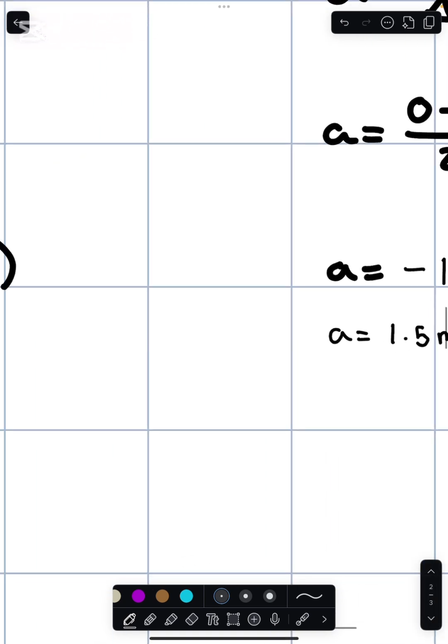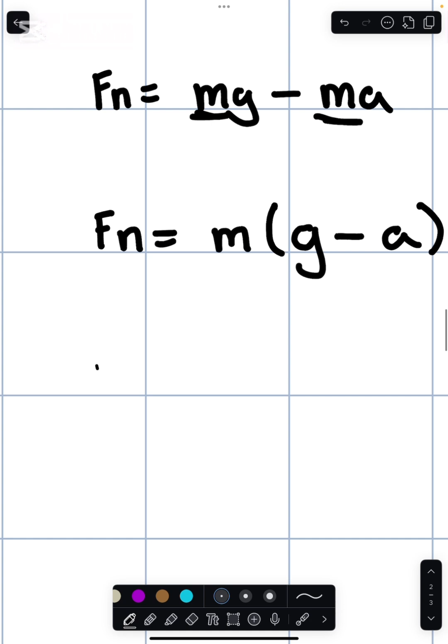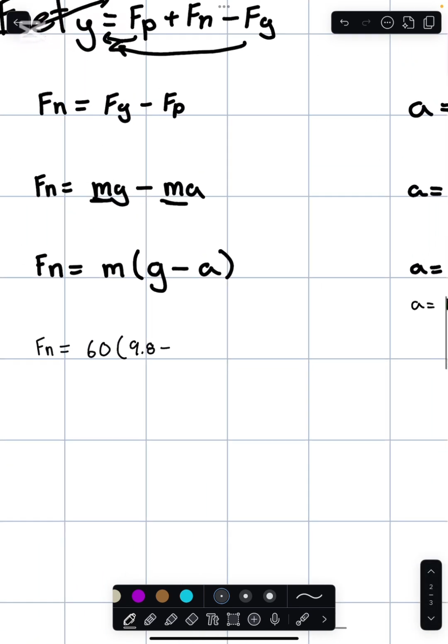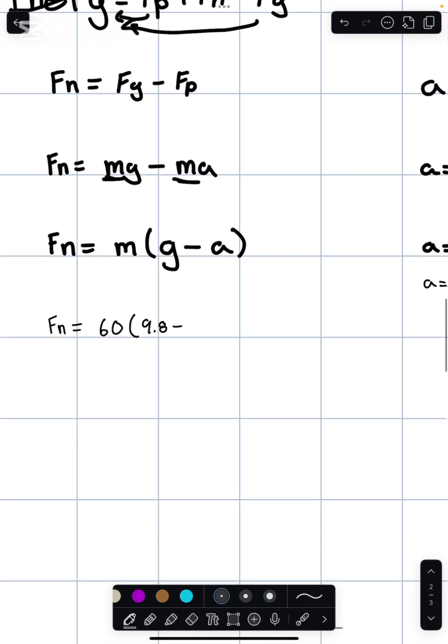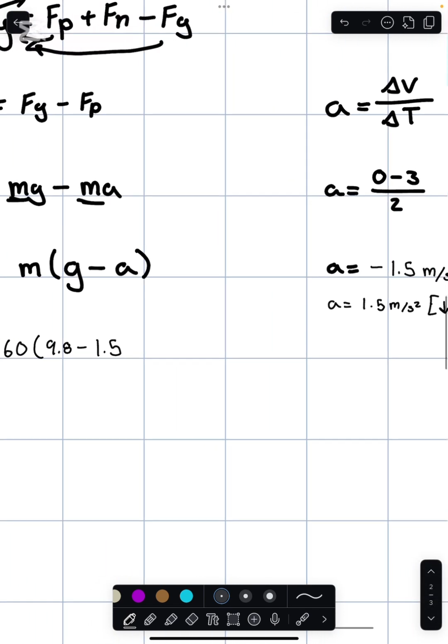So after we found our a value, we can go over here and find our Fn. So our Fn is going to be 60 times 9.8 minus 1.5. Because if it was negative, it would be negative, and that would make a positive, and we don't want that, so it would be just this.